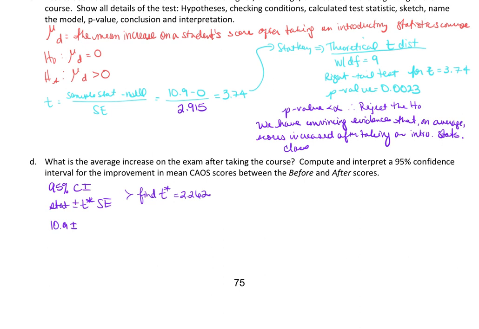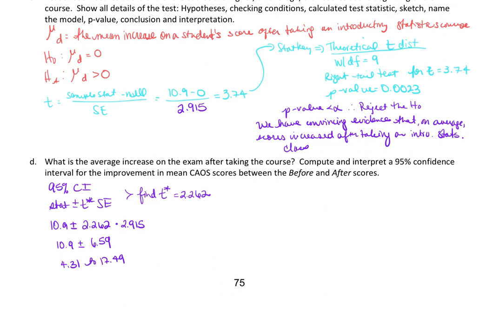So we end up with 10.9 plus or minus 2.262 times our 2.915, our standard error from before. And that means that we end up with 10.9 plus or minus 6.59, which leads us to 4.31 to 17.49.